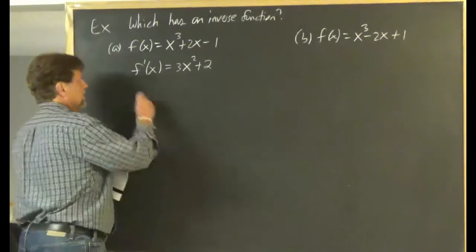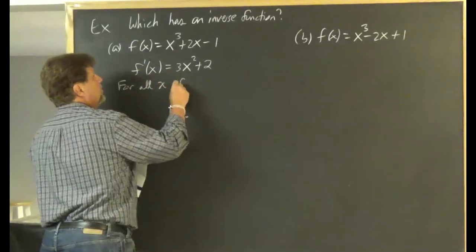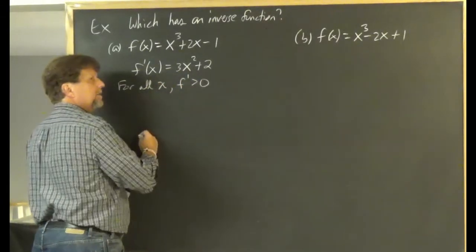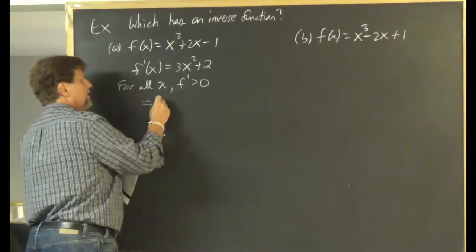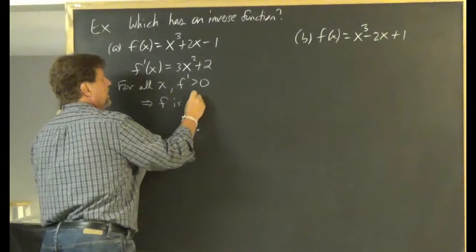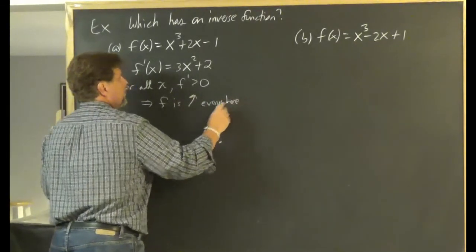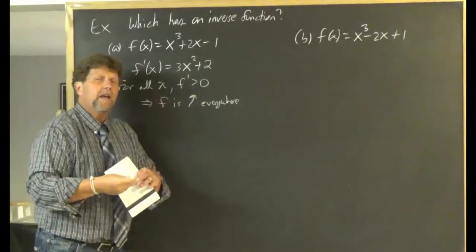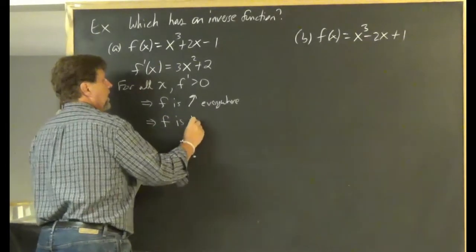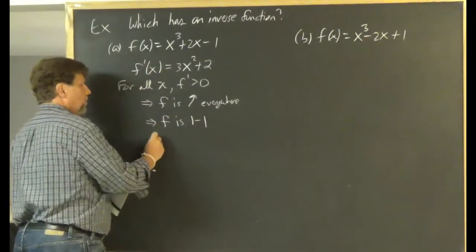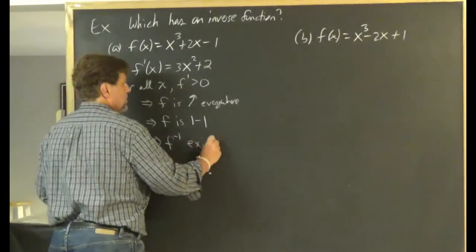So for all x, the derivative is positive. If the derivative is positive for all values of x, that tells us the function is increasing everywhere. If the function is increasing everywhere, that tells us the function is a one-to-one function, which tells us that it does have an inverse function.